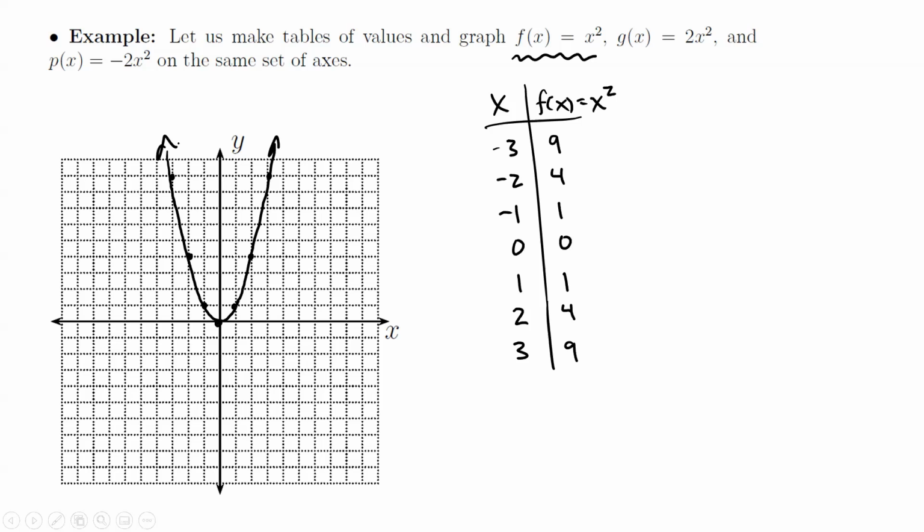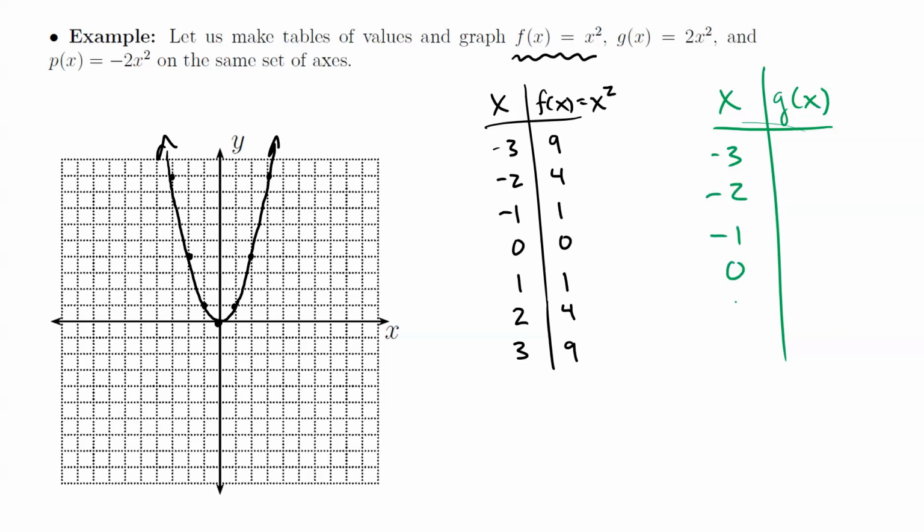All right. So now we're going to make a sketch of g of x is equal to 2x squared. So over here, make a table. And I'm going to go ahead and use the exact same x values so we can really compare the two. All right.